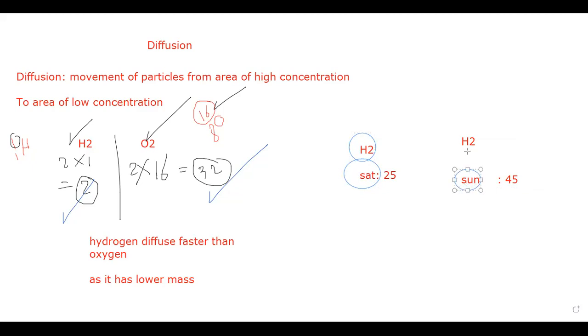Even on Sunday, I have hydrogen. But on Saturday, the temperature is 25. But on Sunday, the temperature is 45. Of course, diffusion on Sunday is higher than diffusion on Saturday because the temperature here is 45, higher than the temperature on Saturday. And as you know, it is very important to understand this idea.